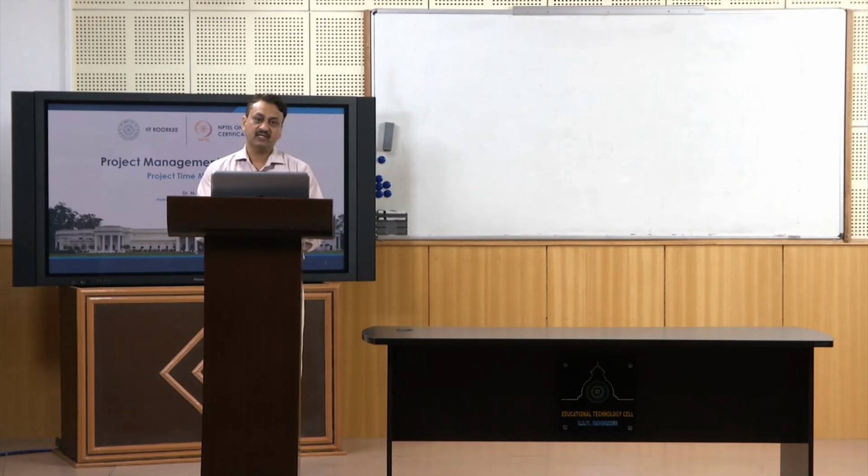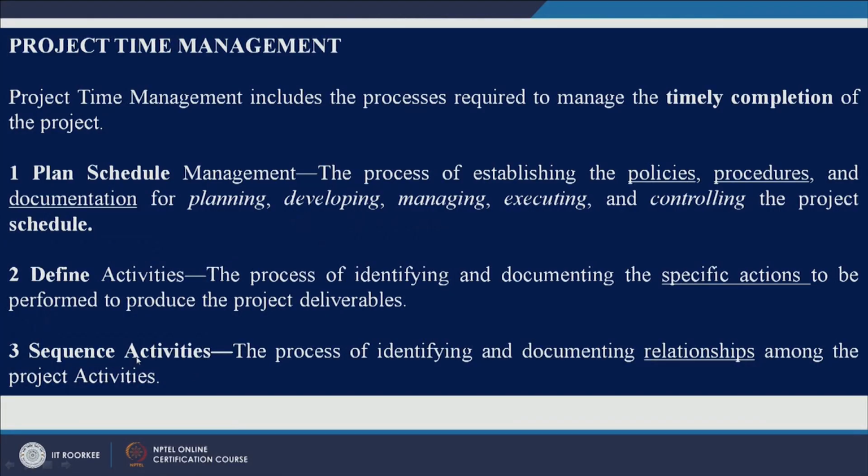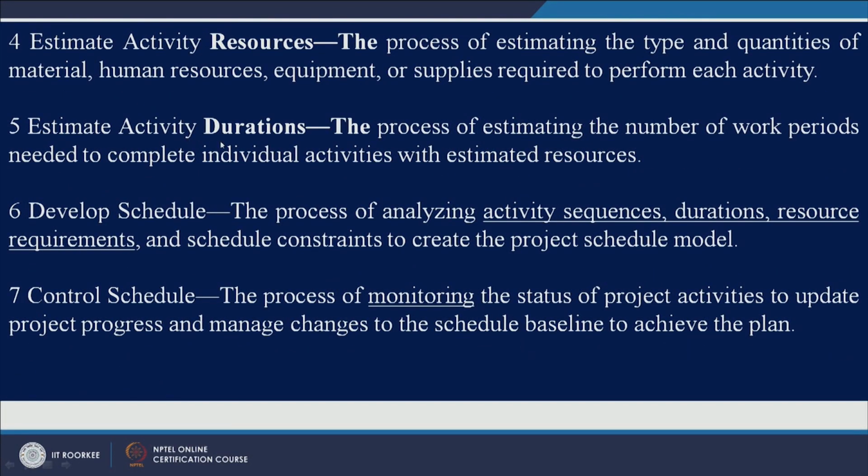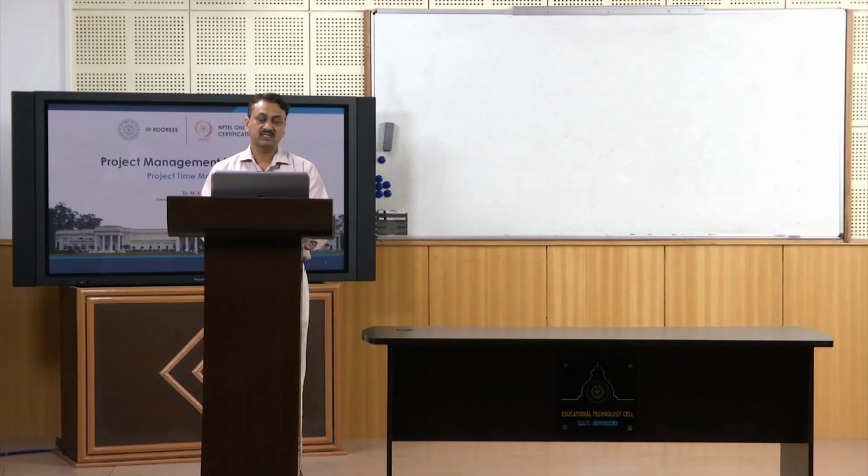Schedule means when you will start a particular activity and when you will end it, right. Sequencing you have already done in the third step, you have already sequenced those activities. Now you have to develop the schedule, so you need to come up with the start time and the end time, right.